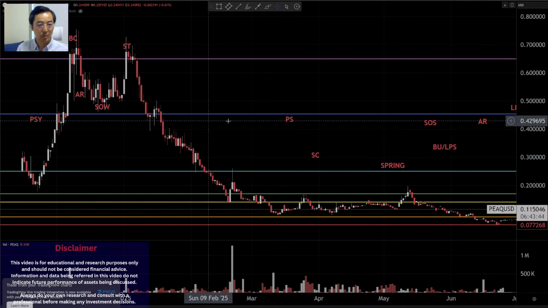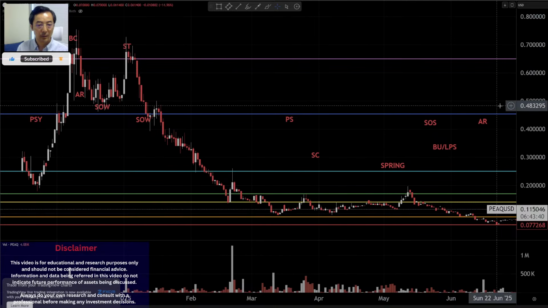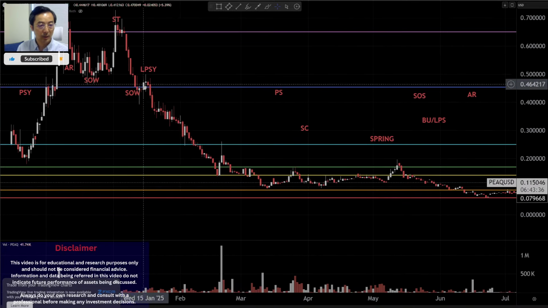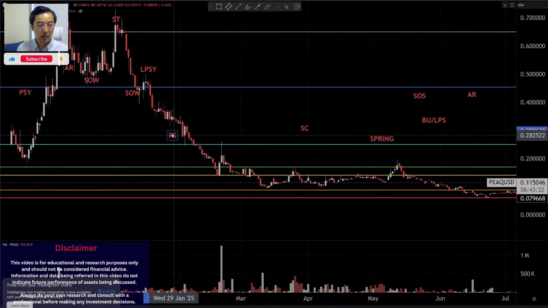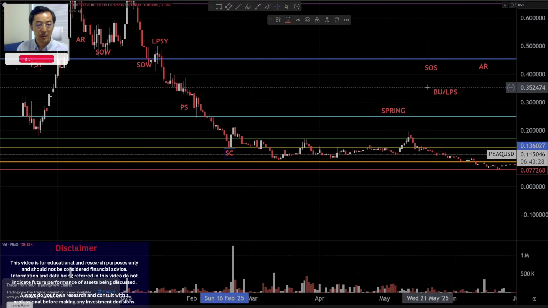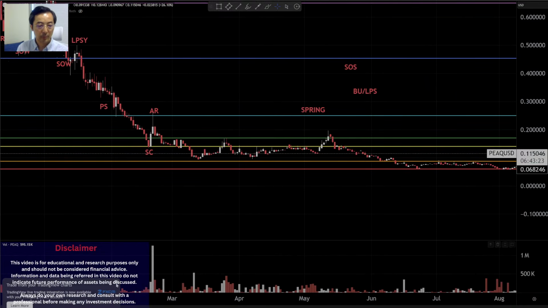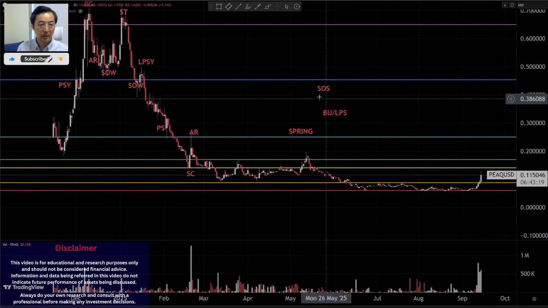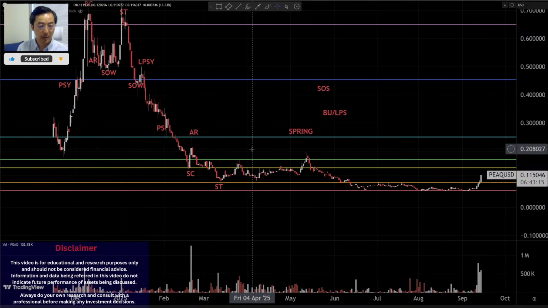And it came down to another sign of weakness, and eventually LPSY, last point of supply, and then it continues the downtrend. Somewhere this is the preliminary support and selling climax, plus an automatic rally to the light blue key level. And is there any second test I copied? No, it's already gone over there. So that's the second test.